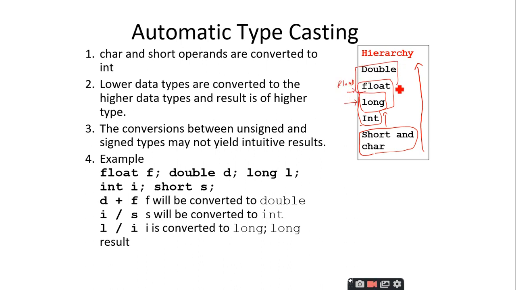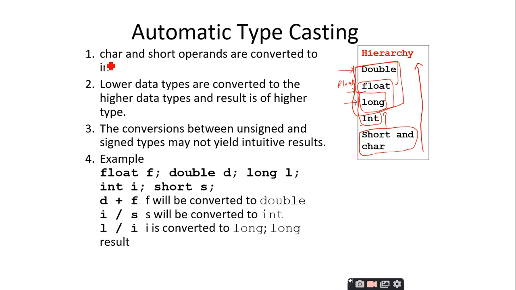Float and double, the end result will be double. If you have an expression that consists of double, float and long, the lower order data types will be automatically converted to higher order data types, therefore, the end result will be double.